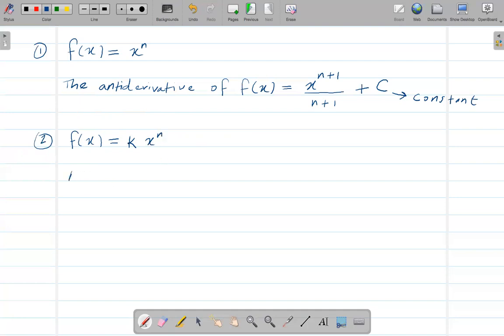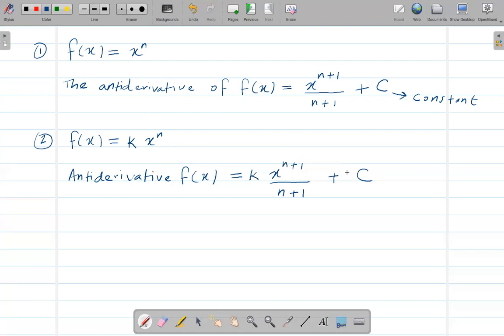When we take the antiderivative of this f of x, the constant multiplied by this expression will stay there, and we just take the antiderivative of x to the power n, which is x to the power n plus 1 divided by n plus 1, plus some constant.